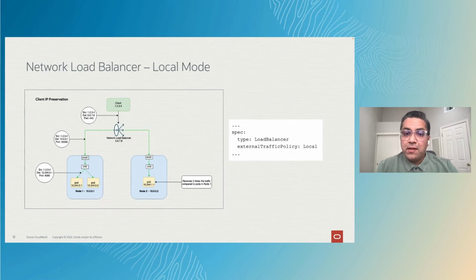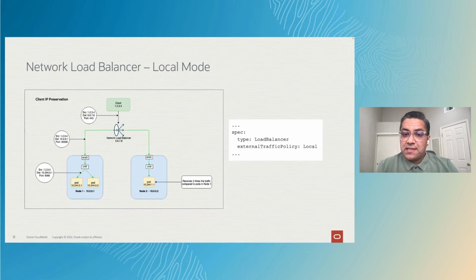So this mode prevents the extra network hop from the cluster mode, but your traffic can potentially become imbalanced if you do not configure it properly. With this architecture, any ingress traffic must land on the nodes that are running the corresponding pods for that particular service, or the traffic would be dropped.